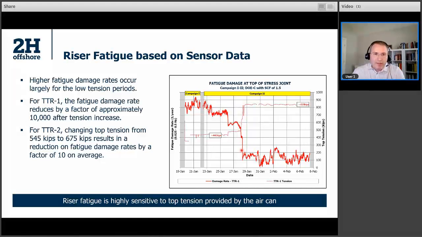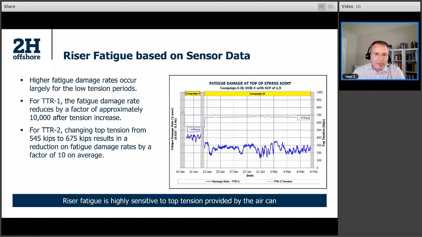When we look at the TTR2, yes, we are seeing a little bit of variation in the fatigue damage rate for TTR2 as well. It is a slight increase in the tension, and it's happening at the beginning of the campaign too, but we still see that the fatigue damage rate reduces by a factor of almost 10 here.